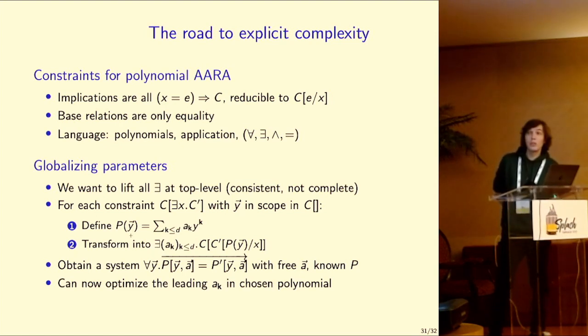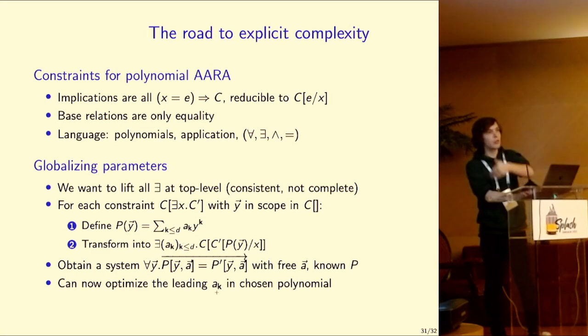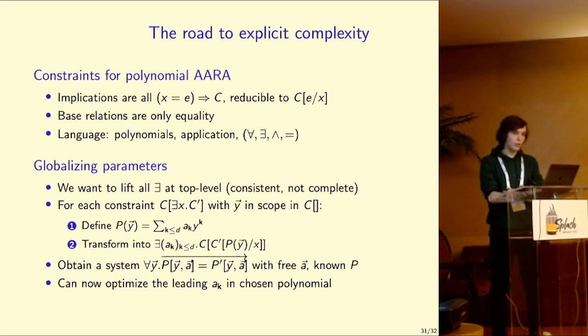We build a new multivariate polynomial and substitute X for P of Y. Once we do that for every quantifier, what we have is a system of equations, a conjunction of equations on polynomials, and once we translate that to a system on their coefficients, we get a kind of nonlinear programming problem involving the coefficients a_k that we generated, and what we optimize is a chosen a_k, which is the leading term of the complexity of the whole program.